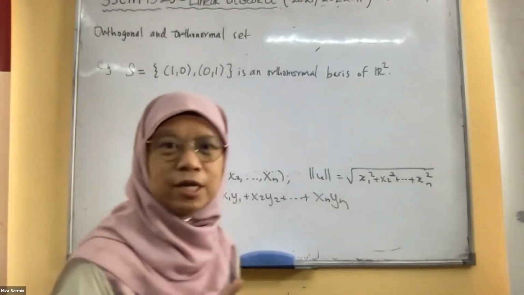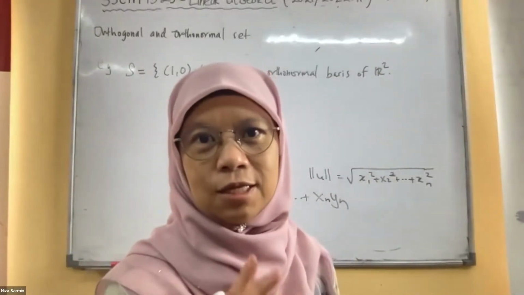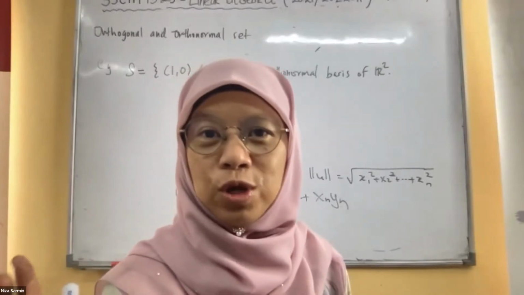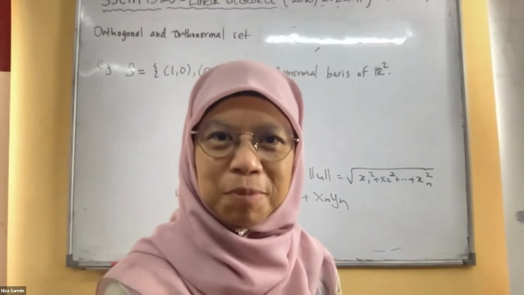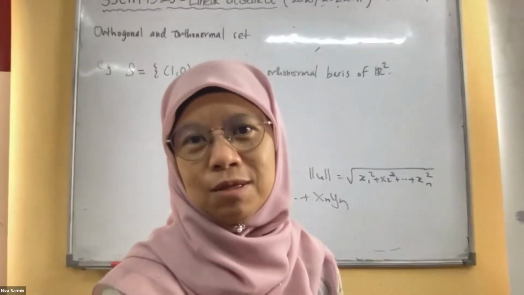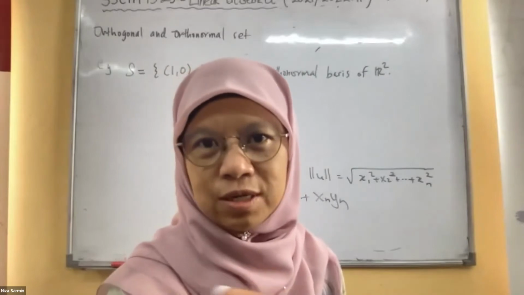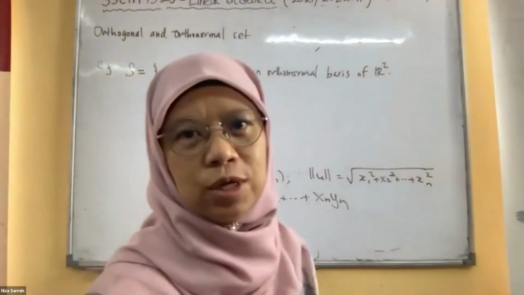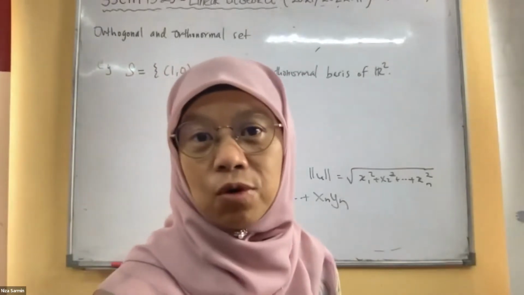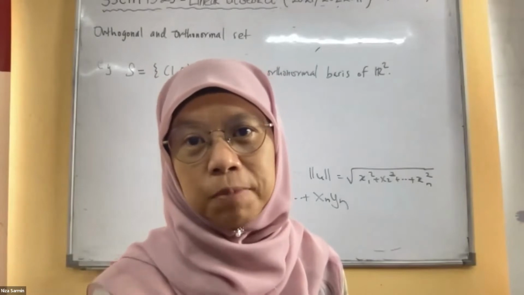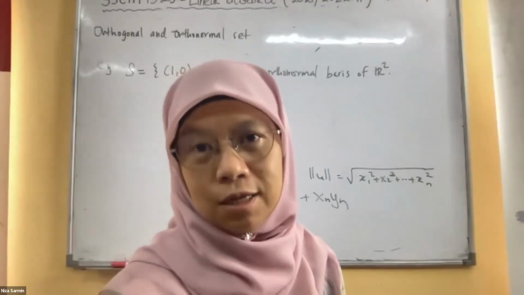So if the question asks to show that this is an orthonormal basis of R2, you have to show it is a basis, that it spans and is linearly independent, and you have to show it is orthonormal. Okay, so read your question very carefully. I am not going to show it is a basis because we have shown this before, or you can show by the determinant it's not 0, right? So it spans and it's linearly independent.